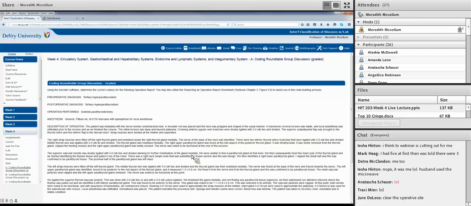So a frozen section is done during surgery when they want to know immediately from the pathologist if something is cancer or not. So what they do is they take it out. It's immediately taken to the pathologist while the patient is still in surgery. It's basically a special type of section where it's called a frozen section, and determine if it's cancer or not.